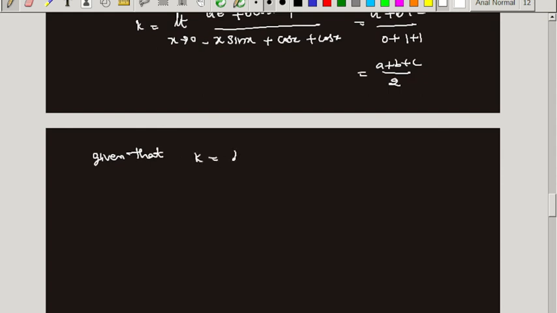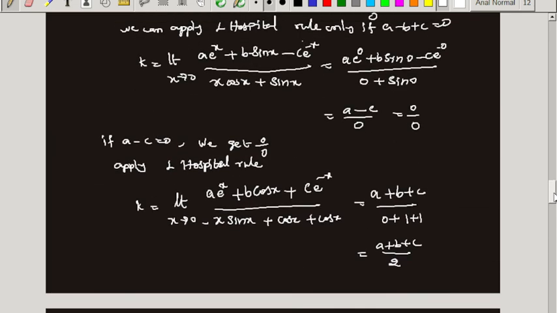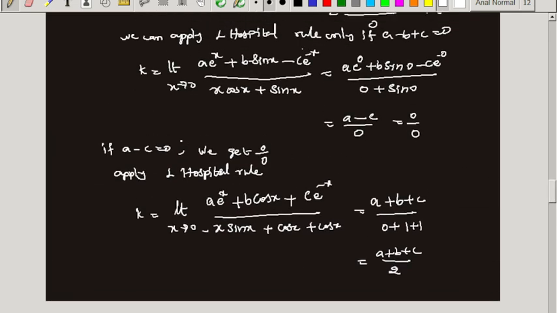Given that k equal to 2, that is (a plus b plus c) dividing by 2 equal to 2, we cross multiply and get a plus b plus c equal to 4. We call this equation number 3, the previous one equation number 2, and the first one equation number 1.